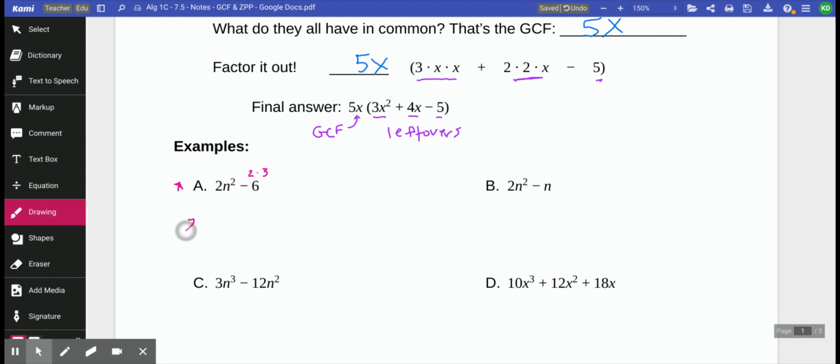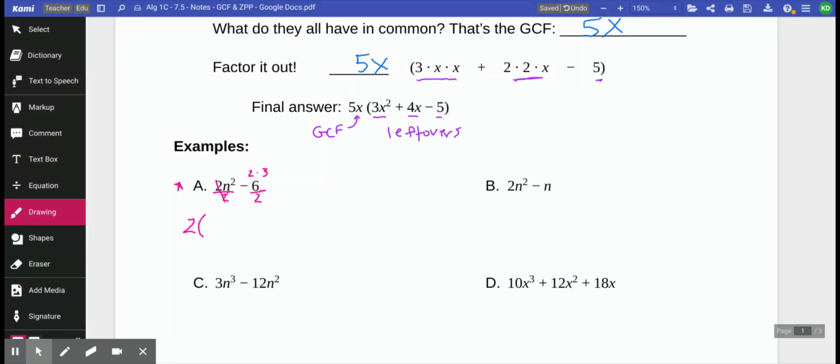So I'm going to write 2, and then I'm going to look at my variables. Well, I have n squared in my first term, but I don't have any n's over here, right? So they don't have any variables in common. So I can't factor anything out that's a variable. So the only thing I can factor out is 2. Now another way to think about this is to think about dividing each of these by whatever you factored out.